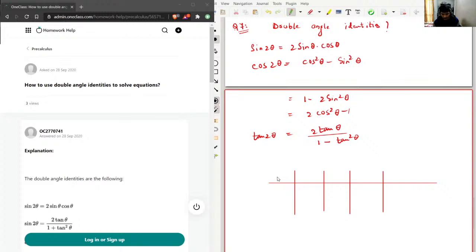So here we'll have sine, cosine, tangent, and here we'll have angle, and the rest I'll delete.